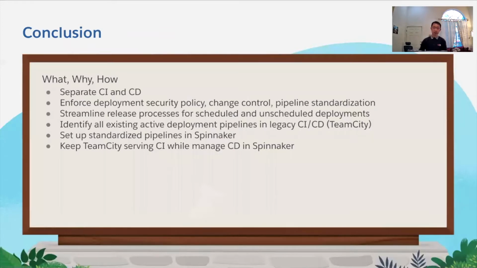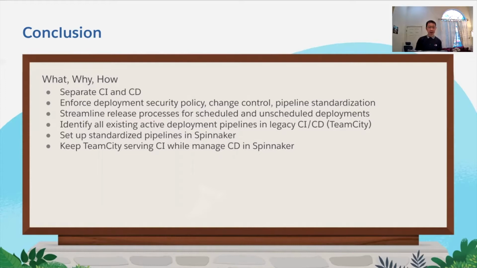In conclusion, just the what, why, and how of this journey. We separate CI and CD. We enforce deployment security policy, change control, and pipeline standardization. We are able to streamline release processes for scheduled and unscheduled deployments.